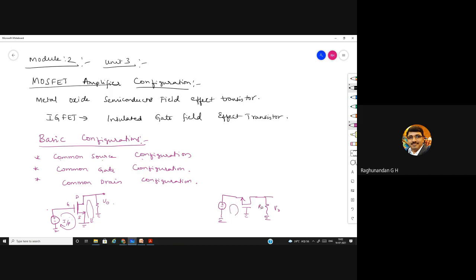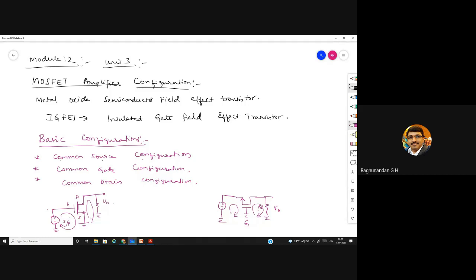So here we are going to form one loop. Here we are going to form one loop. Between the input and the output loop, you can see that the gate is common. That's why it is known as common gate configuration. A simple way of remembering: if they ask for common source, ground that source. Common gate, ground that gate. Common drain, ground that drain.